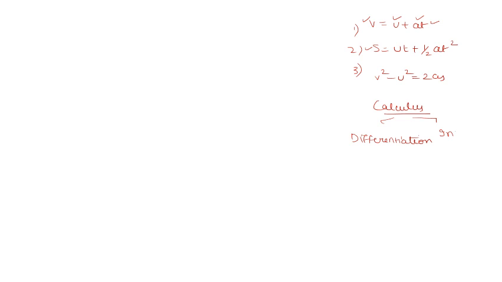So, if you talk about differentiation, let's say you have to find out... basically this is the sigmoid curve and dx, this is the symbol of integration, and this is the symbol of differentiation.